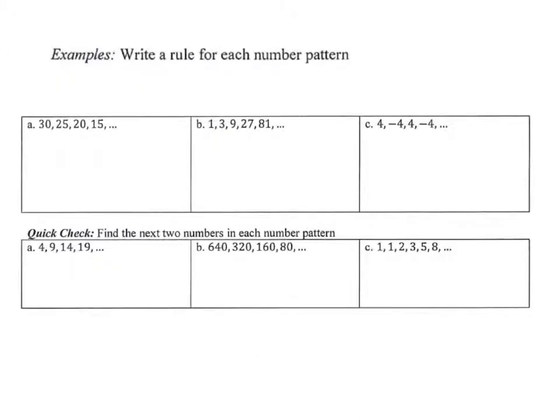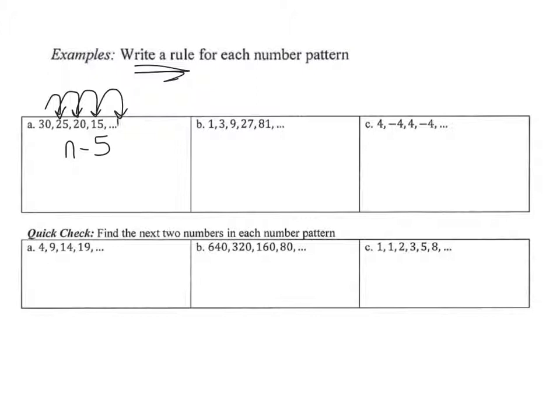So let's use this. We're going to use inductive reasoning to find the next number and make a conjecture about the rule or the equation that describes what's going on. The pattern is I'm going down 5, down 5, down 5. So the next number would be the number take away 5.